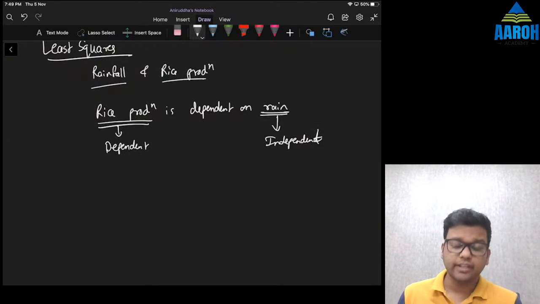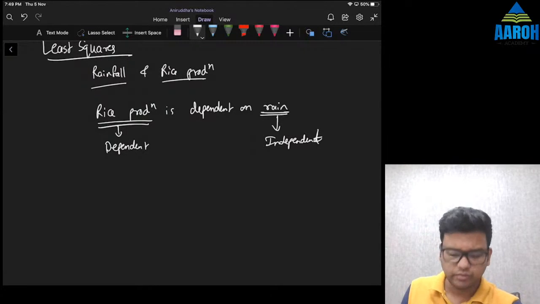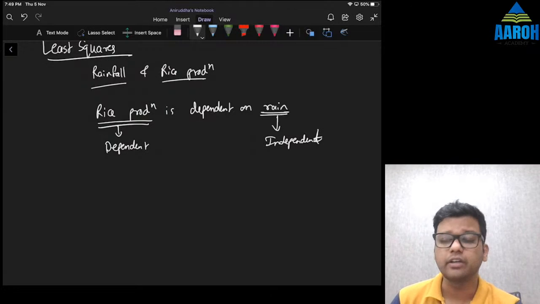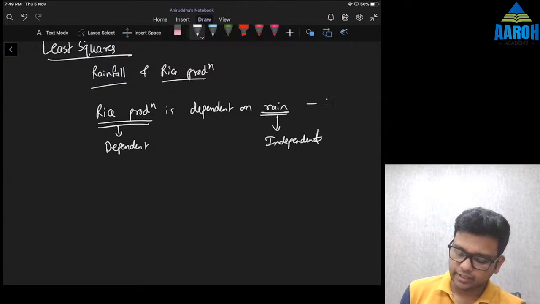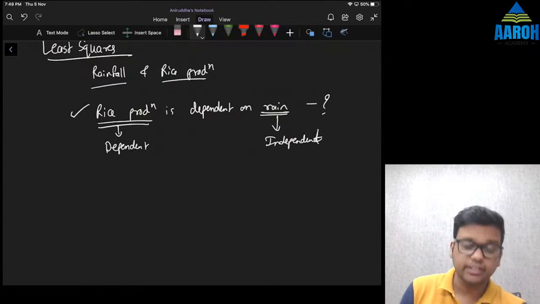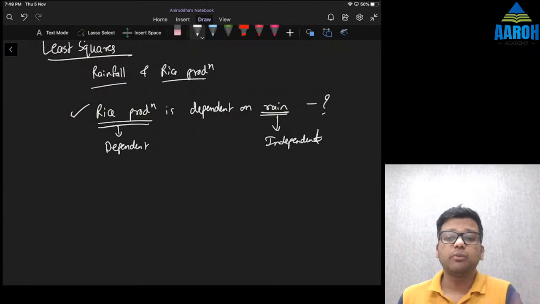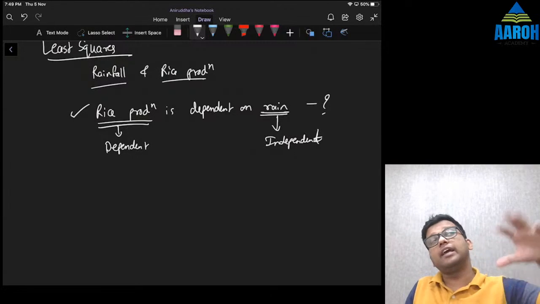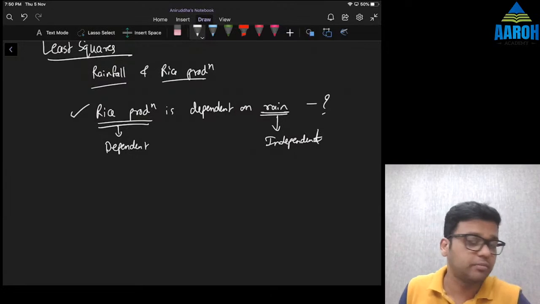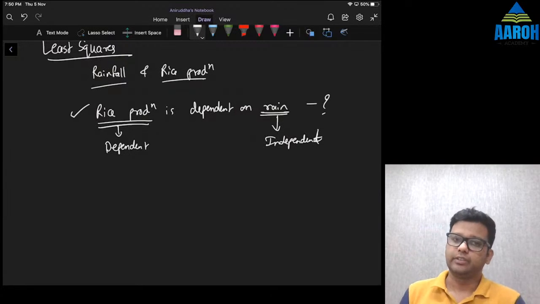So if we are given next year's rainfall, we can calculate next year's rice production using regression. It cannot be opposite. We cannot say next year's rice production will be this much, so rainfall will be this much. That makes no sense, right?